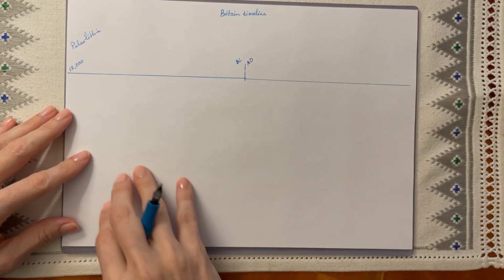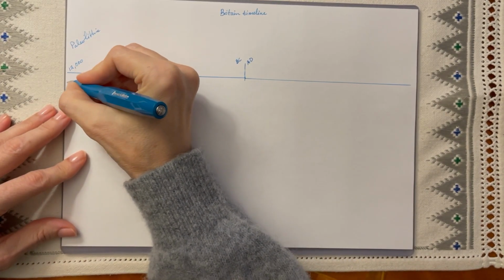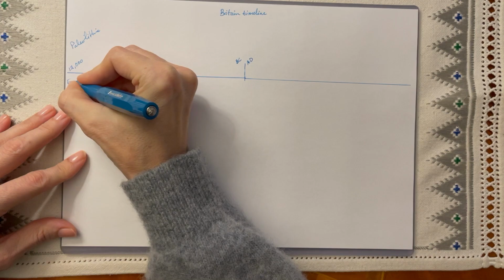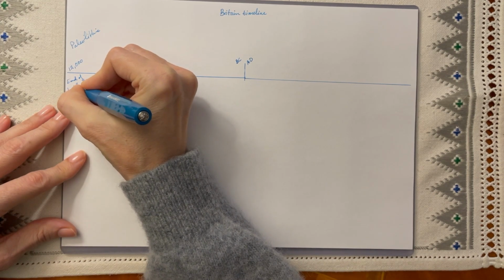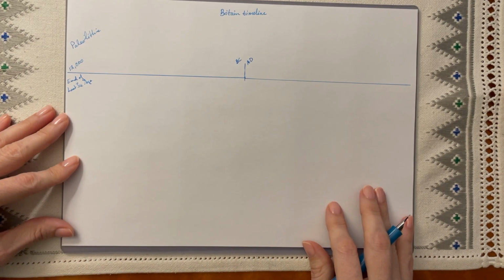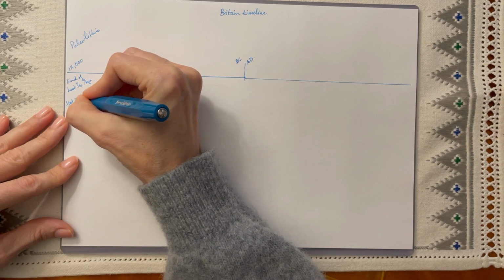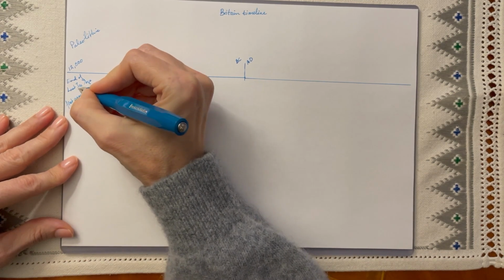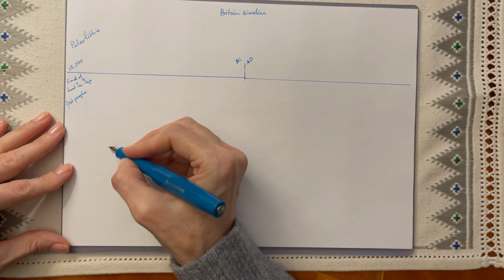Now, why do we start in 12,000? I've picked that because it is the end of the last ice age, and the first people arrive and settle in Britain.